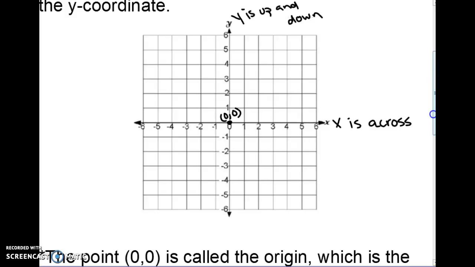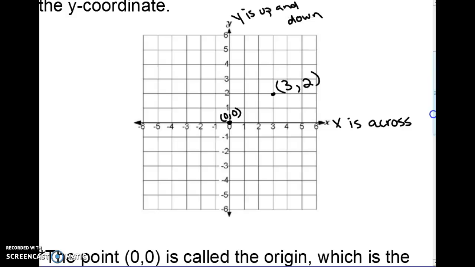So this point would be considered 0, 0 because we're moving left and right 0, and we're going up and down 0. If I were to put a point right here, in order to say what that point is, we're going to figure out how much I had to run and how much I had to go up or jump. So I'm running 3 and I'm jumping 2. So my ordered pair would be 3, 2.